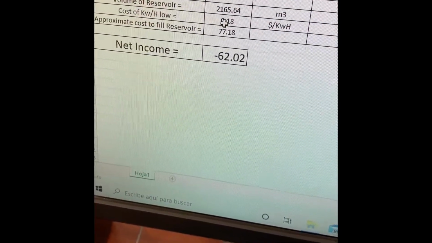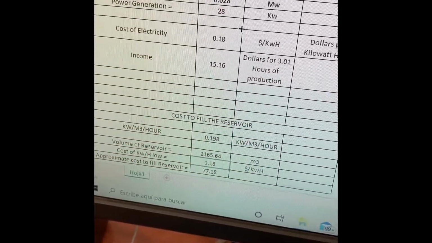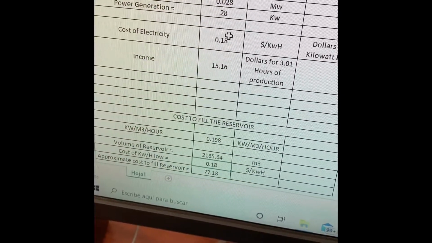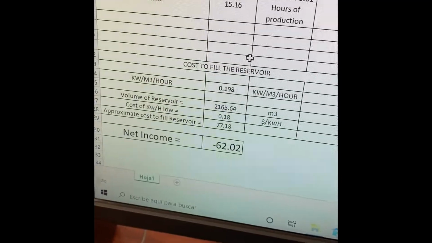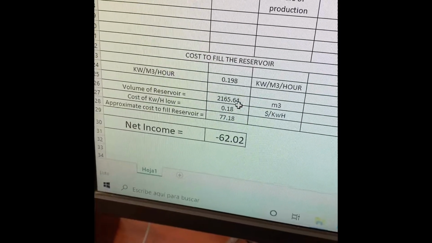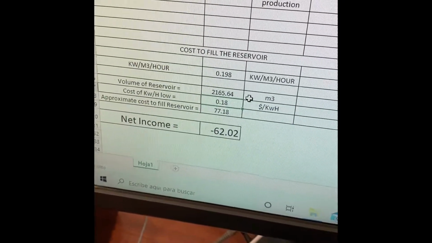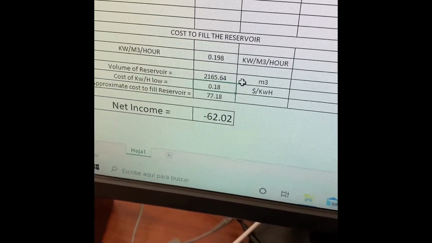The cost, this is the input number that we have to know. You told me that the cost of electricity is higher at one time during the day. So this will be our number that will define if we are earning money or not.